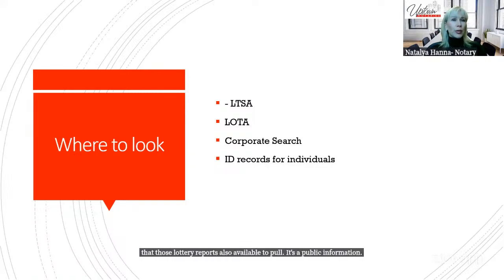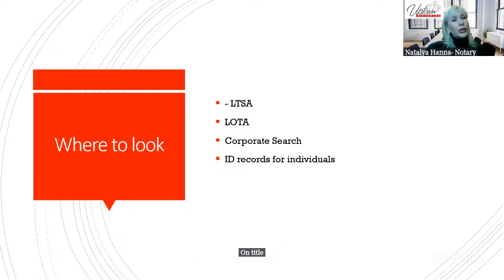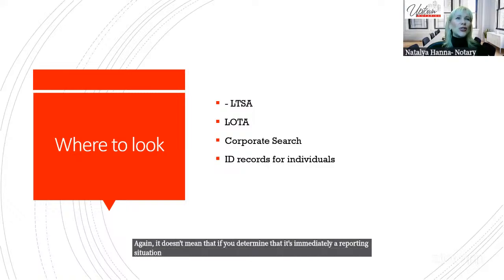So if a LOTA report was filed, then it's an indicator for you that on title, it's a legal owner, but one who is holding interest in trust for somebody else, right? So this means there's definitely a third party involved. Again, it doesn't mean that you determine it's immediately a reporting situation, right? You need to obtain more information and ask more questions in order to get to that conclusion.